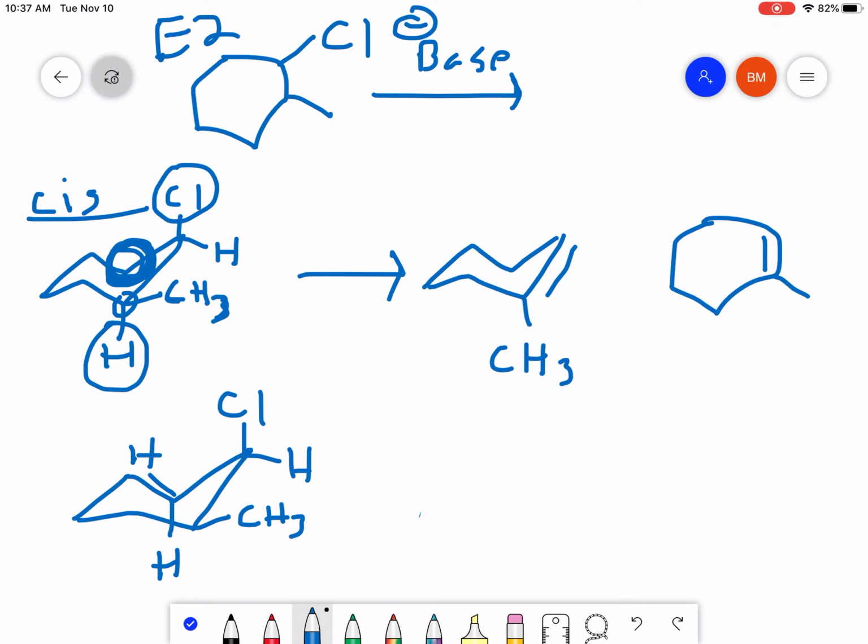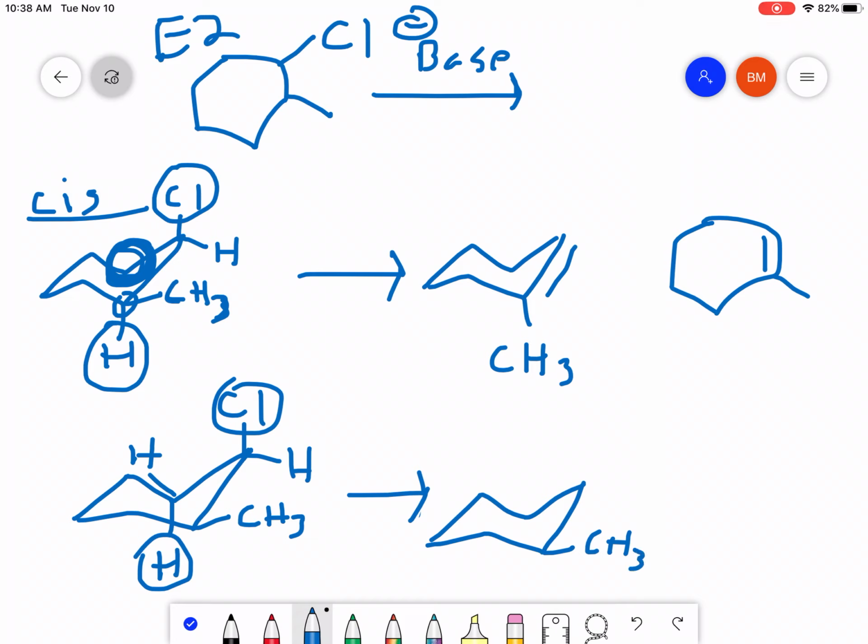And if you look here, we have an axial H right over here that goes along with our axial Cl. So you can get elimination and formation of a double bond between those two carbons as well. Get it right there. You can get it right there. I said that really softly because I forgot I was talking to the iPad, so I almost went conversational there, so please forgive me if I get too soft or loud at any given point.